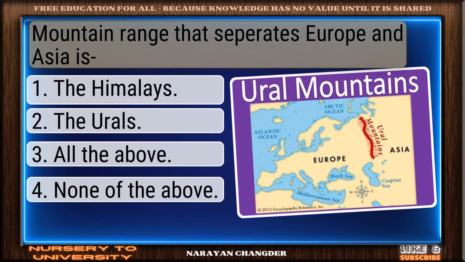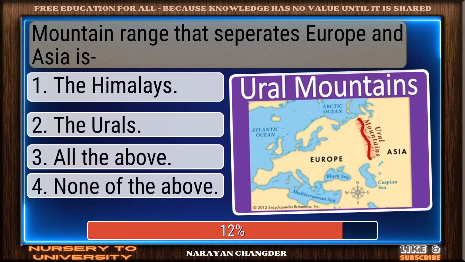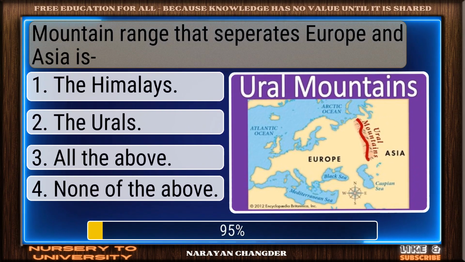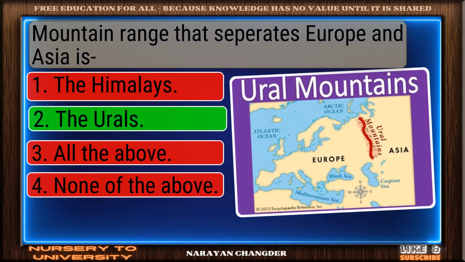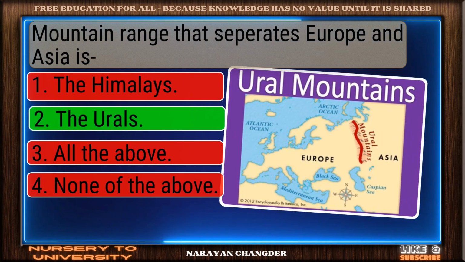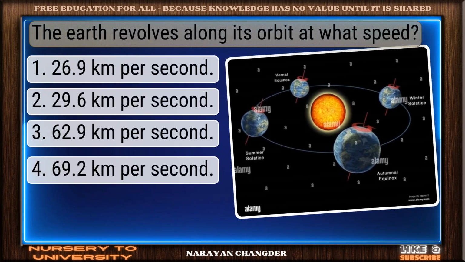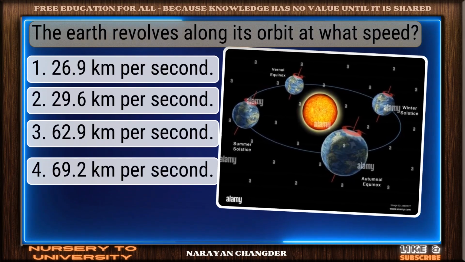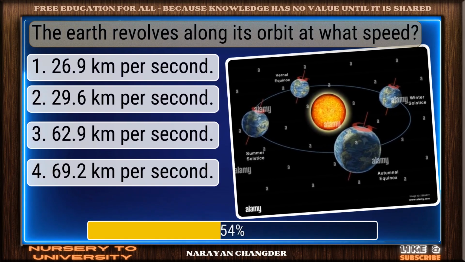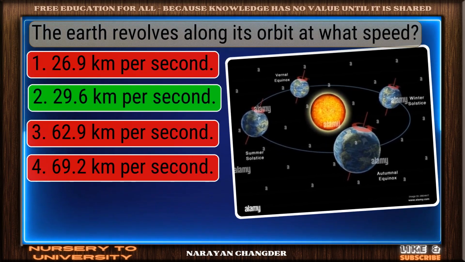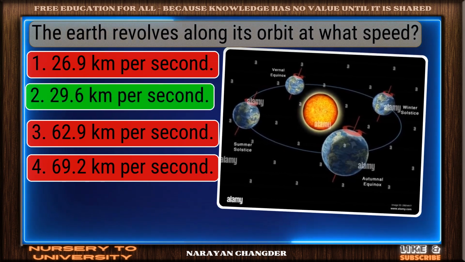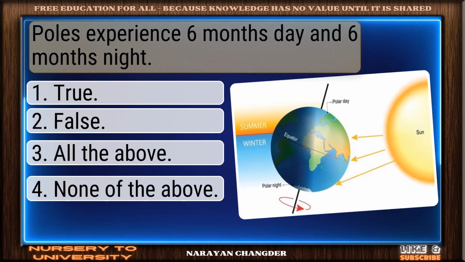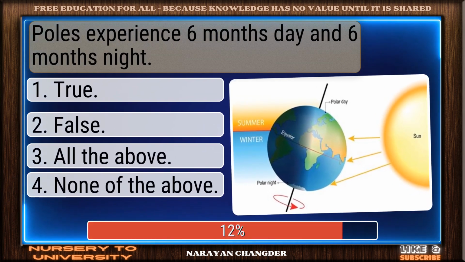Mountain range that separates Europe and Asia is. Clear logic. Your choice, the Urals, is sound and 100% true. The Earth revolves along its orbit at what speed? On track, 20.6 km per second is the correct answer. Poles experience 6 months day and 6 months night.